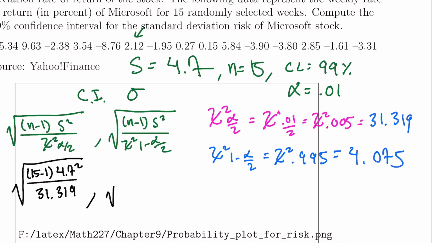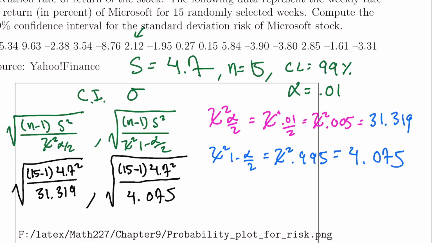And then for the upper bound, you do 15 minus 1, times 4.7 squared, all divided by 4.075. Any questions so far on how I substituted in and got everything in black?